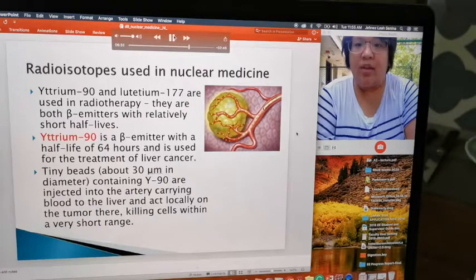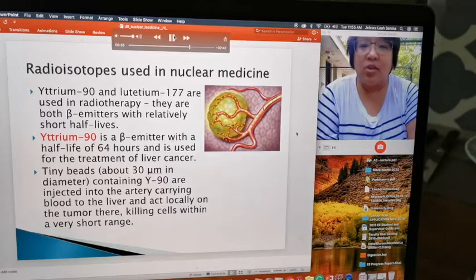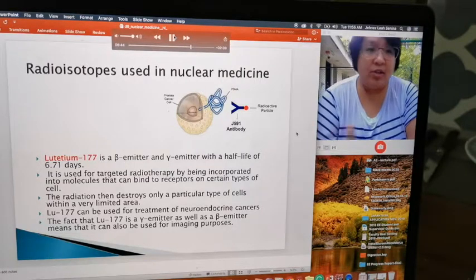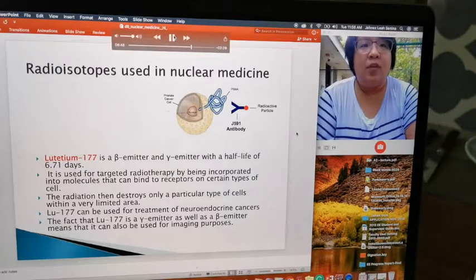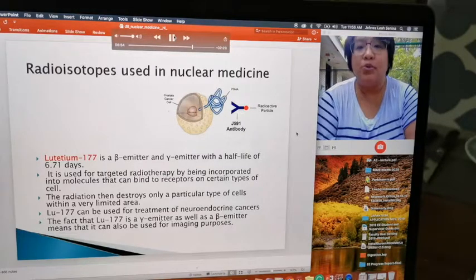And then we have yttrium 90. We use it to kill cancer cells of the liver. And then we have lutetium 177. We use it to kill different kinds of cancer cells, normally cells found in your nervous system or the cells of your different glands around the body that produce hormones.